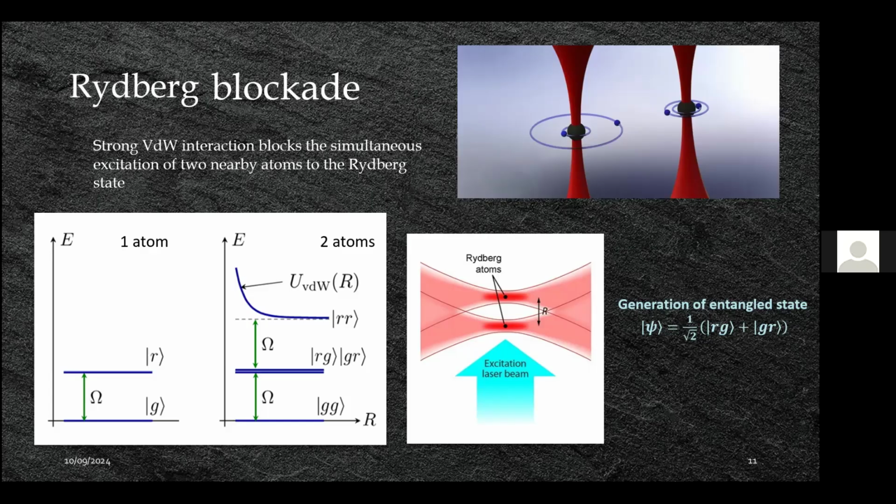The threshold in the distance is the so-called Rydberg blockade radius. That is, in fact, the distance for which two atoms will interact and no longer be able to get excited both at the same time to the Rydberg state.